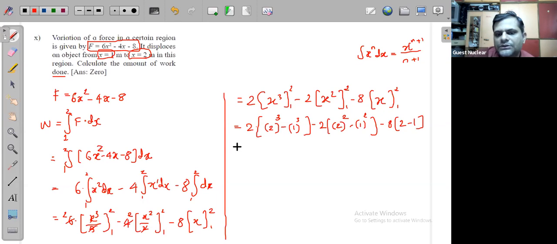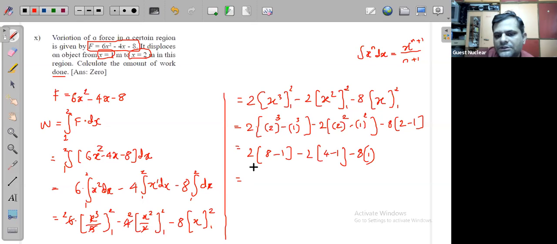That's it. So if we just try to find this out, then we can get 2 into, here 2 cube is 8 minus 1, which comes out to be 7. Then here 2 times of 4 minus 1, and minus here 8 times of 1 simply.